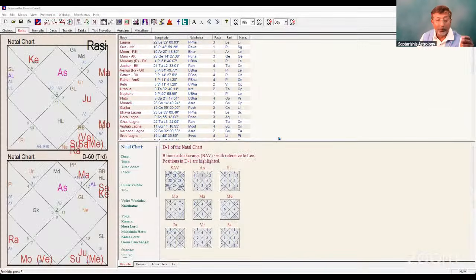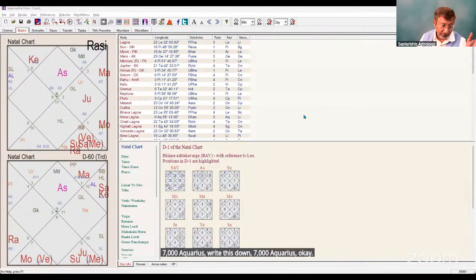Seventh house is Aquarius. Write this down. Seventh house is Aquarius. Money will be the issue. Leo Lagna, money will be the issue. Indirect or direct?